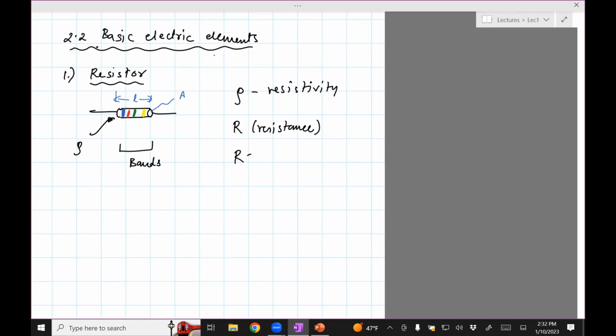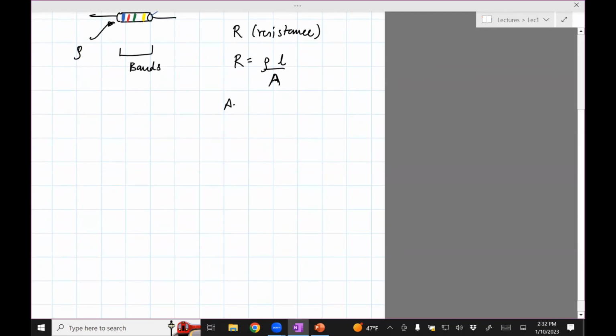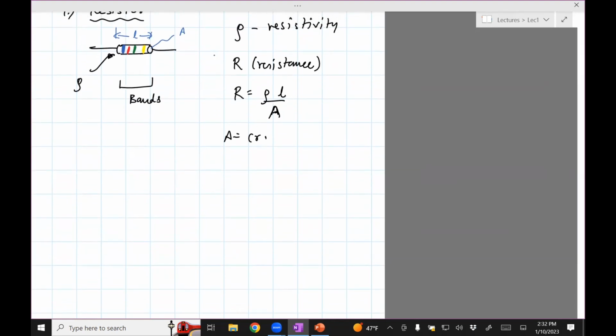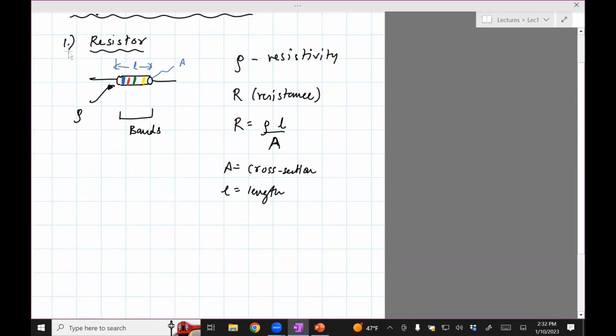The resistance is given by rho L divided by A, where A is the cross-section area, L is the length, and rho is the resistivity.